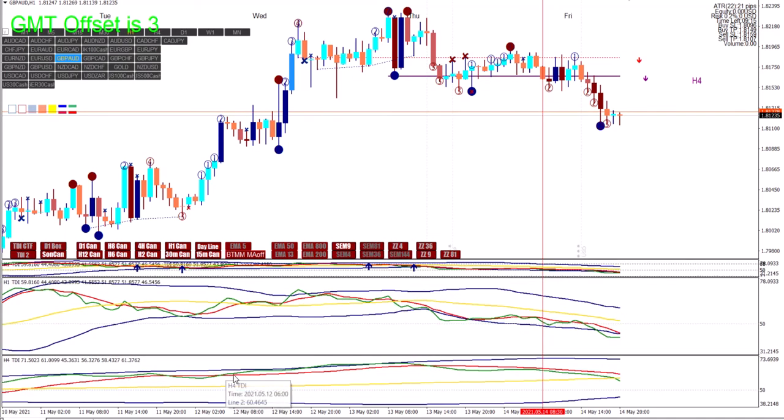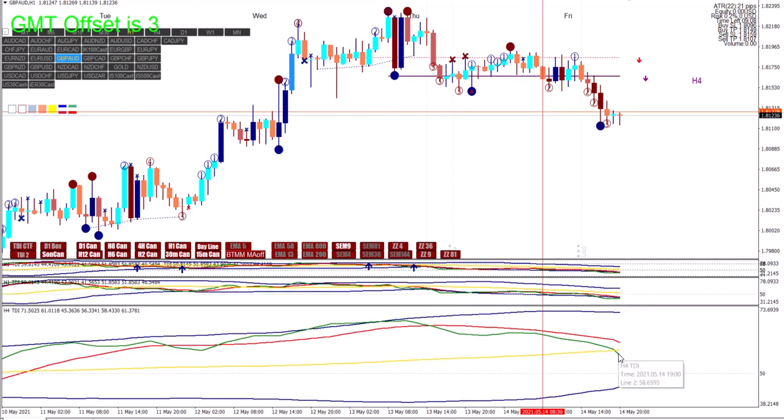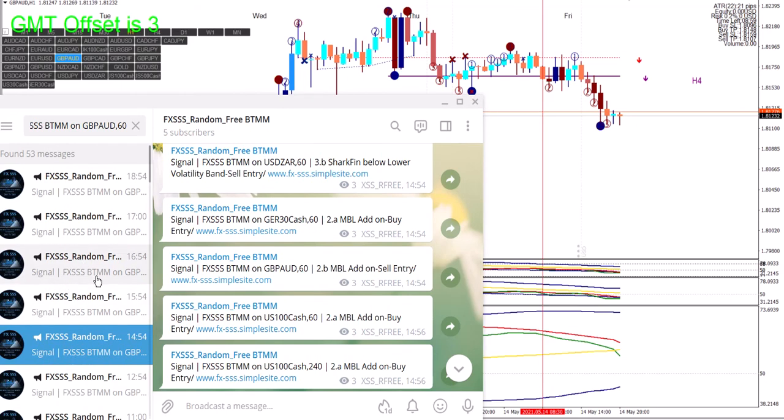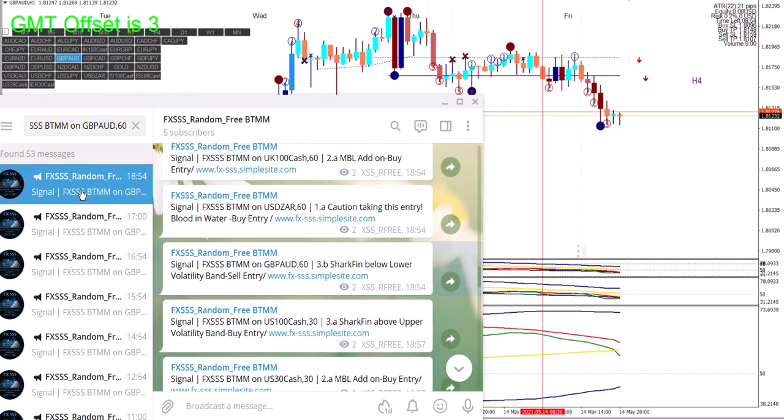That's still a 1 hour. There's a 4 hour, right? 4 hour now. It's an MBL buy on a 4 hour. It's probably in here somewhere. If I go GPO'd, no, hasn't come in yet.